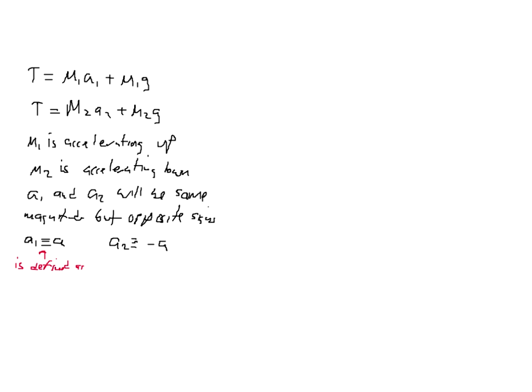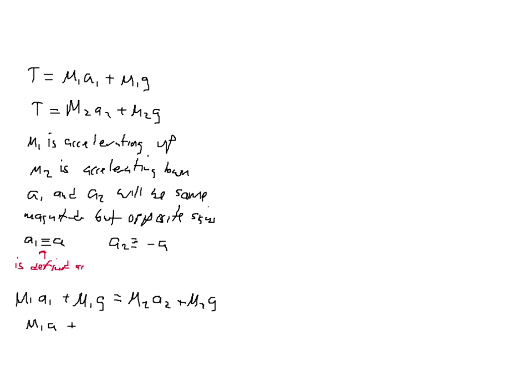A2 will be equal to negative A. So let's just set these two equations equal to each other. M1 A1 plus M1 G equals M2 A2 plus M2 G. And now we're going to plug in the A value.